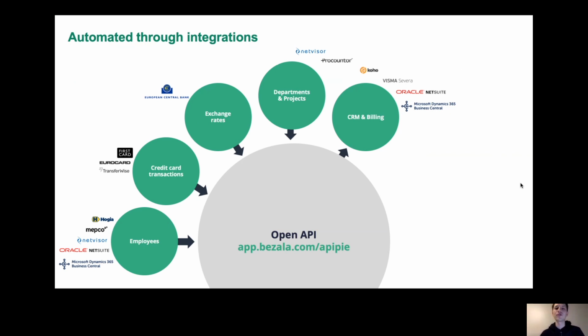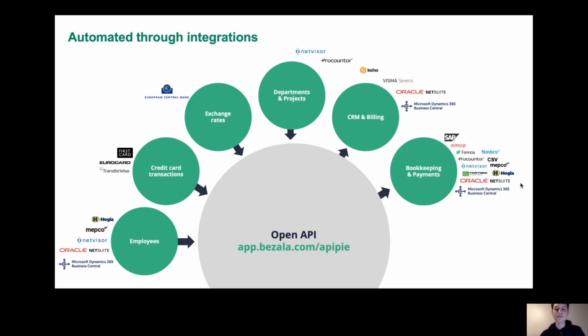And once your user allocates the cost to a project or department, we'll also automatically send that information back to the CRM so that you can easily and hopefully automatically rebill that expense from the client. And last but not least, the bookkeeping component of Bezala is just fantastic.